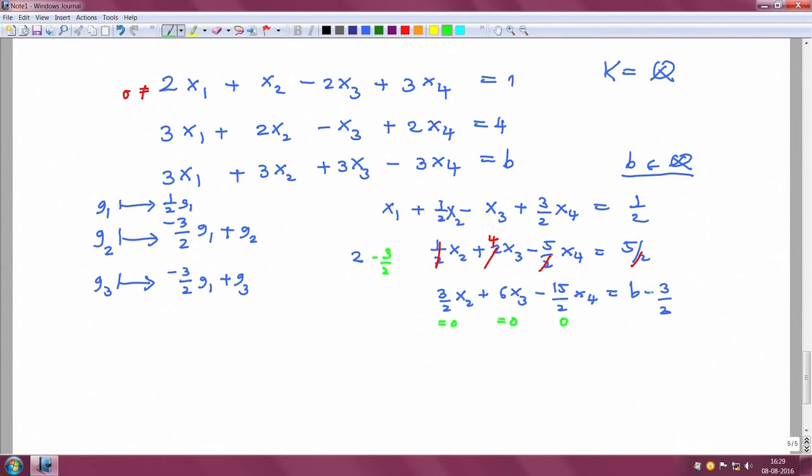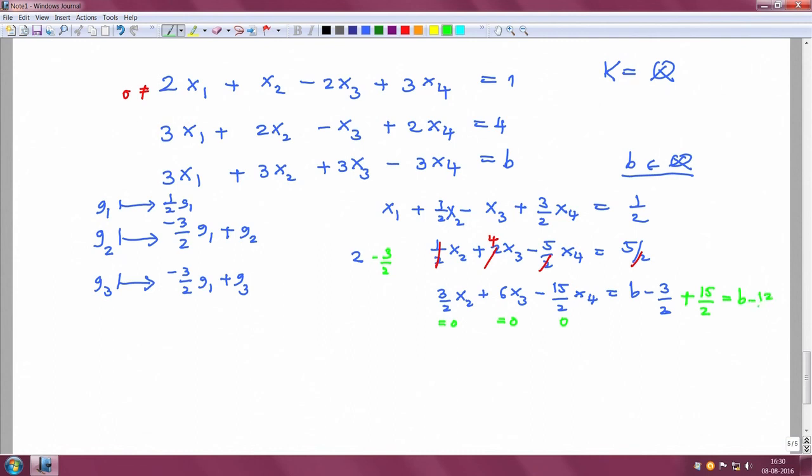And this will become: there was 5 here, 5 into minus 3 by 2, and we are adding it here, so this will become plus 15 by 2, which is b.